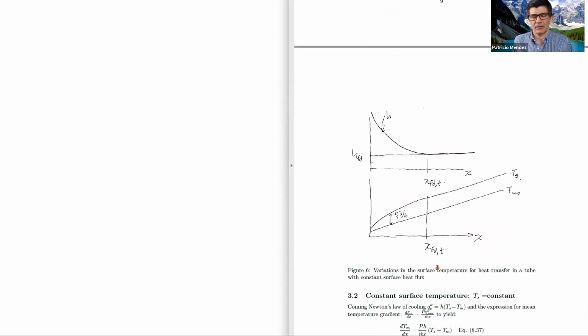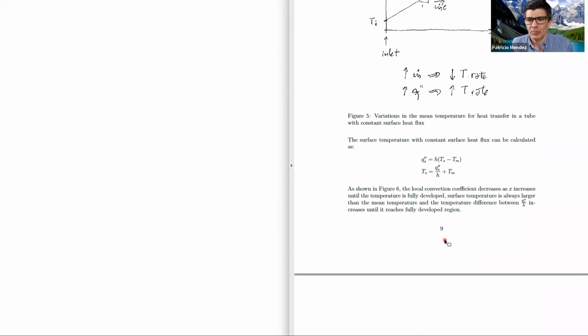So if we have a constant heat input into the tube, the temperature difference between the surface of the tube and the fluid is associated with this heat flux and the convection coefficient, and here we have this expression: heat flux matches the convection coefficient times the temperature jump.